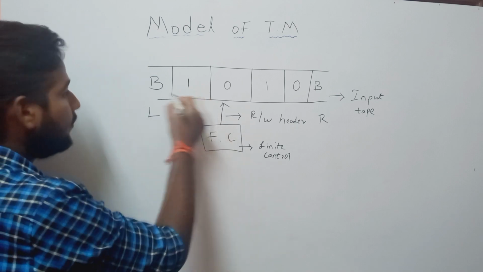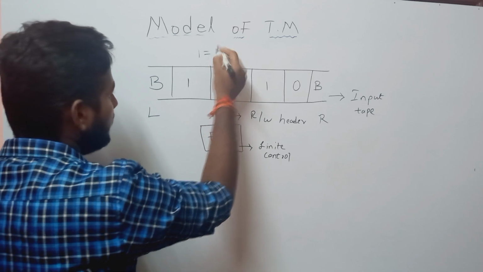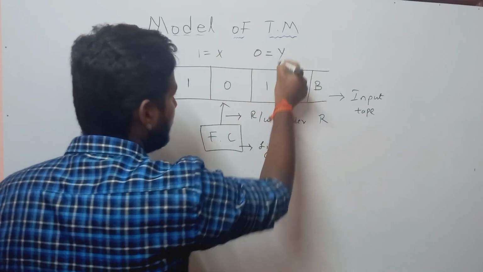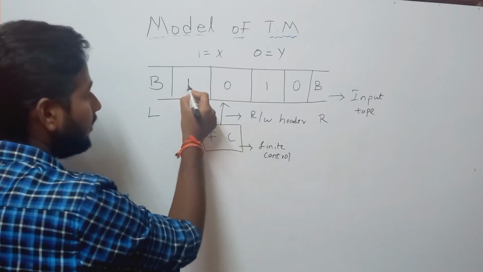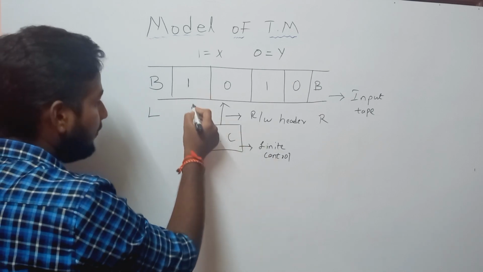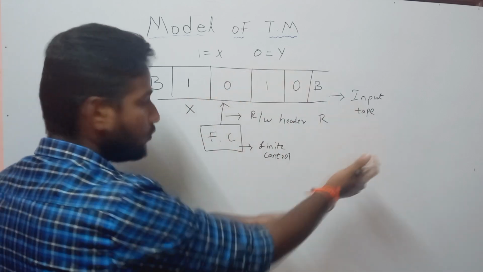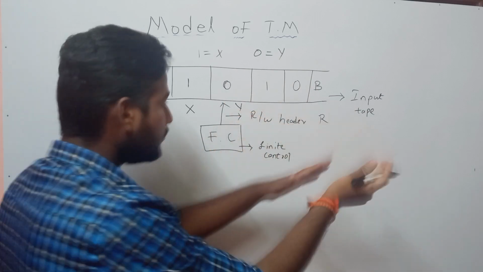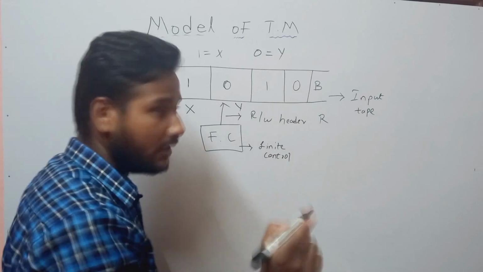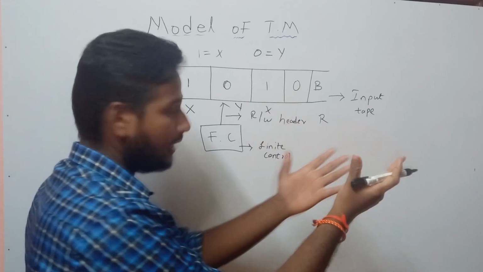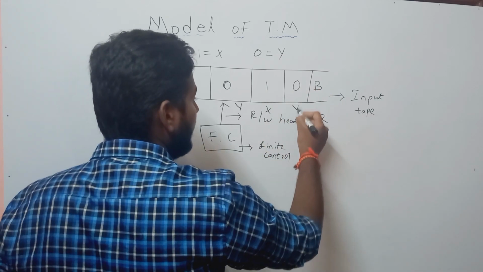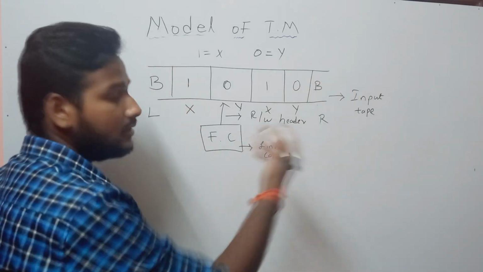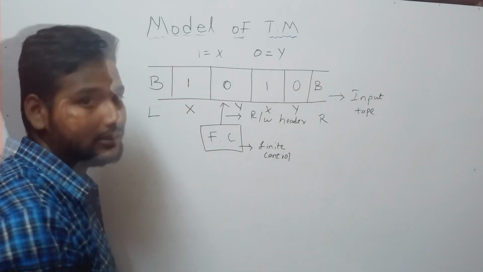For this, I want to replace 0 with X and 1 with Y. The read write head takes the input 0 and makes it X, and moves to the right, and it makes this 0 as Y, and it moves to 1 and makes this 1 as X, and moves to the right and makes this 0 as Y. After it reaches its final state, if it reaches its final state, then the string is accepted.